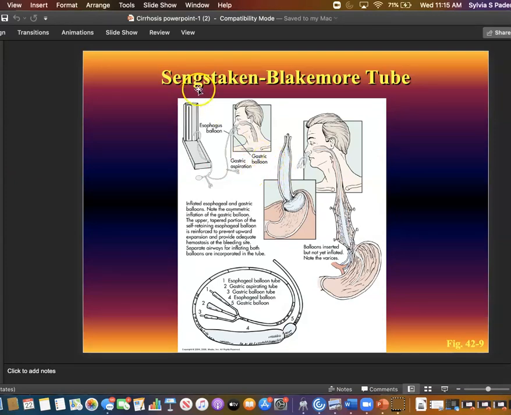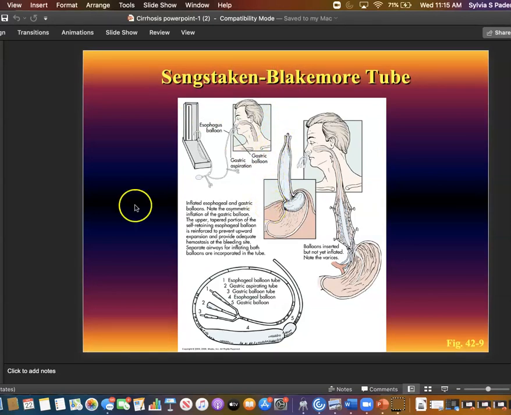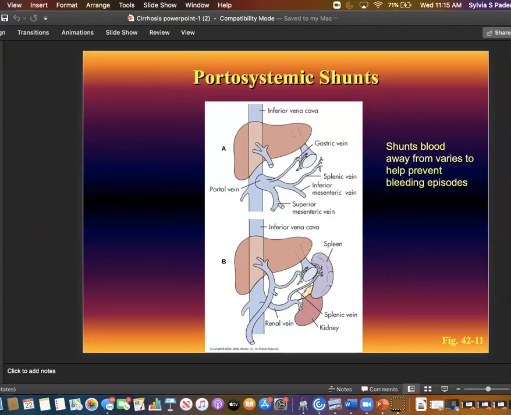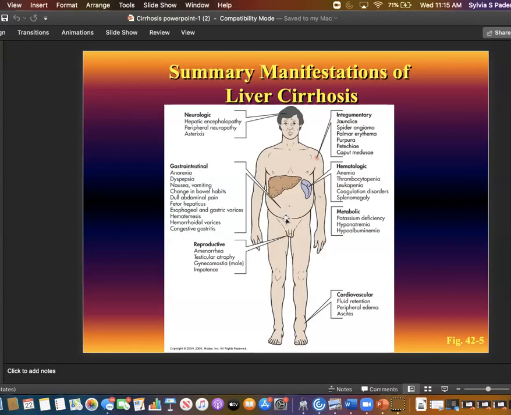And then this tube, I can't pronounce the name. You can review this slide. So portosystemic shunts shunt blood away from varices to help prevent bleeding episodes.